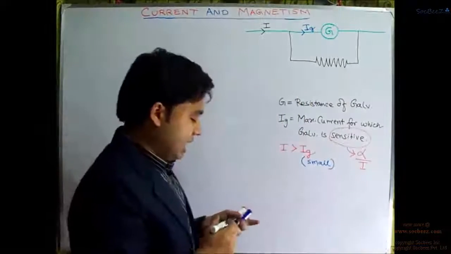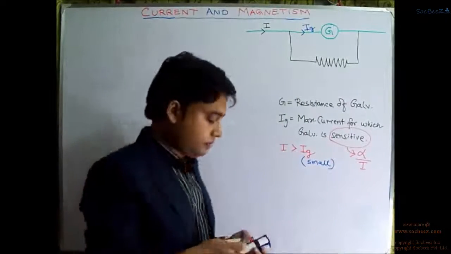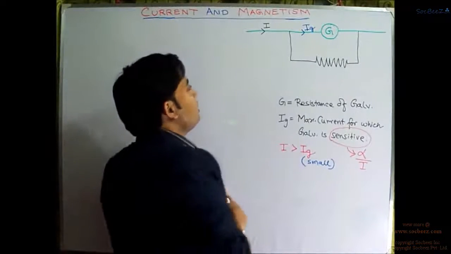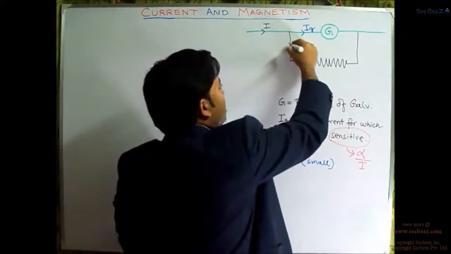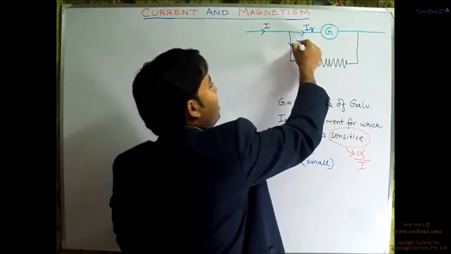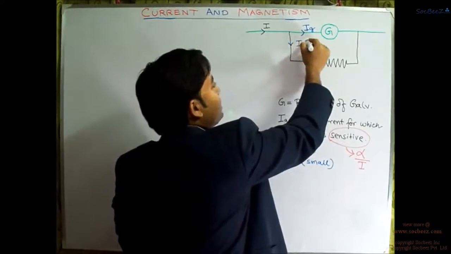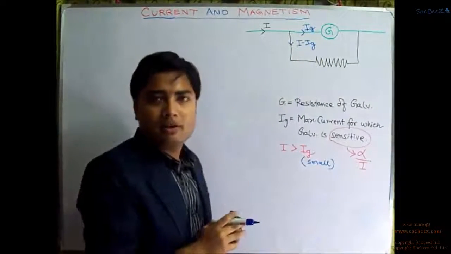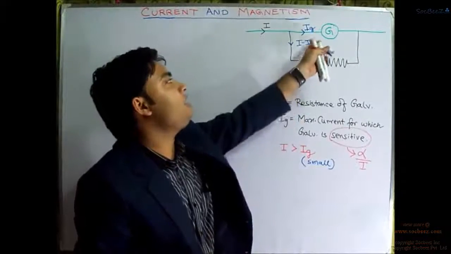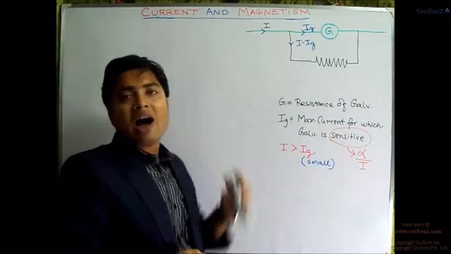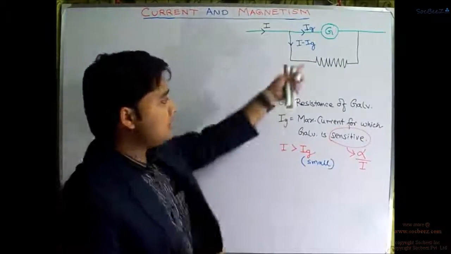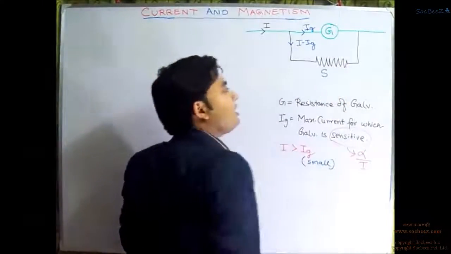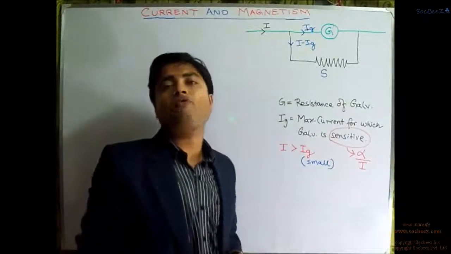If we are able to do so, then as per the junction rule, the current flowing through it will simply be equal to I minus Ig. Then only I minus Ig plus Ig will give us the value of I. And this resistance is called the shunt resistance, with the value of S.